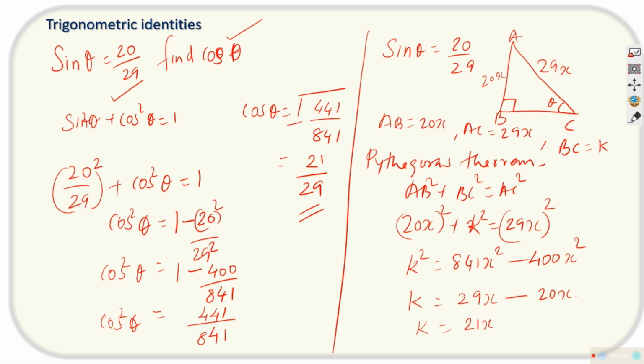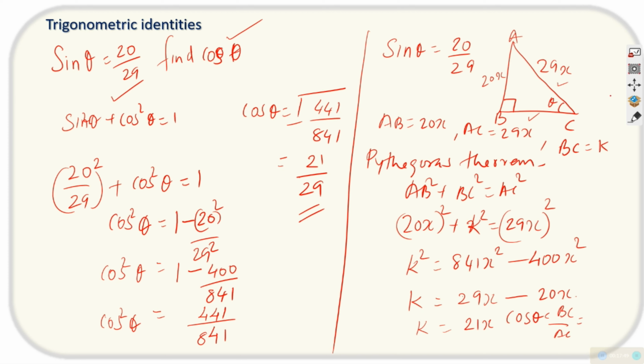Okay, when we say cos theta, what do we write? Cos theta is adjacent upon hypotenuse. So we need adjacent upon hypotenuse. K is the side adjacent. We got it as 21x, and cos theta is nothing but BC upon AC, and we got it in terms of x.